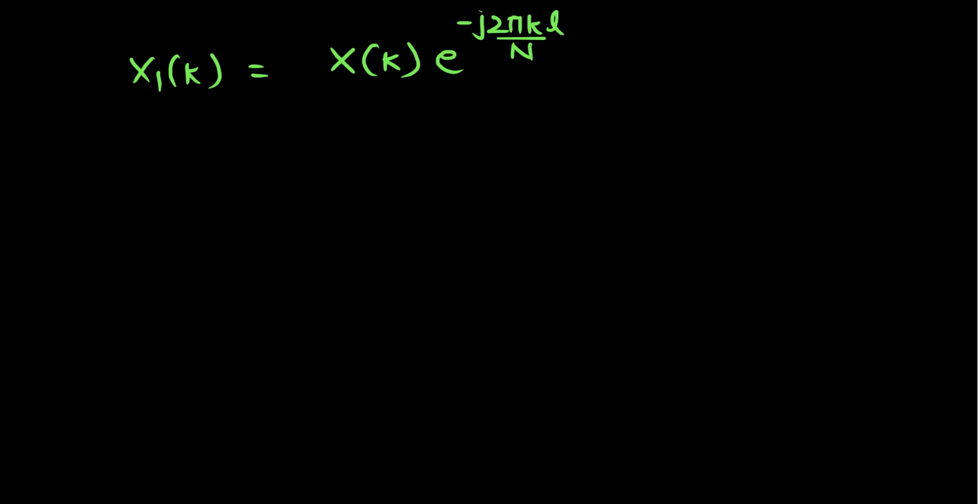So when we circularly shift x of n by a factor of L, the DFT of x of n gets simply scaled by this factor, that is e to the power minus j 2 pi k L by n. And this is the circular shift property in the time domain.